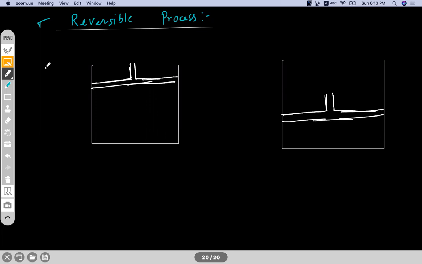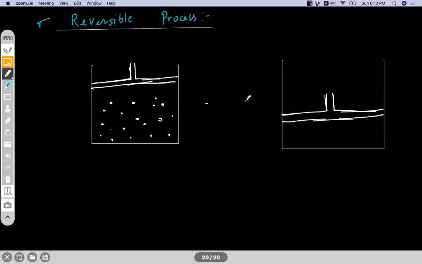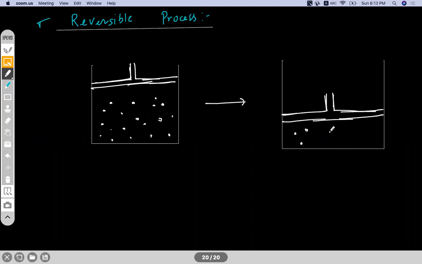Okay, so what happens here, you see, we have some gaseous molecules present here in this cylinder. And here the piston is static, right? This is static. Here we have gaseous molecules present. It's the same system at two different states, that is it.